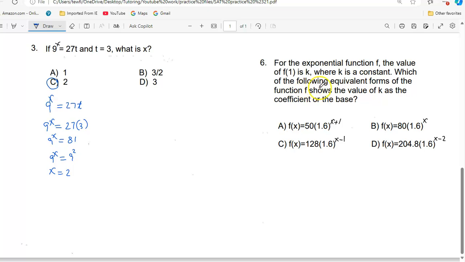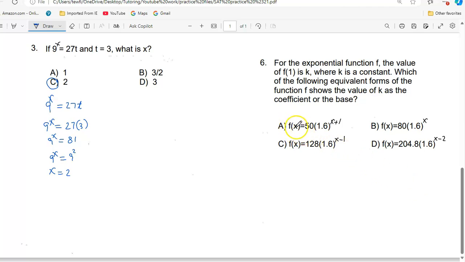Which of the following equivalent forms of the function f shows the value of k as a coefficient or the base? f of 1 is k. f of 1 is k. And k as a coefficient or a base.